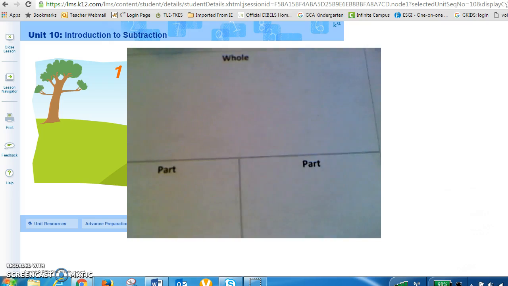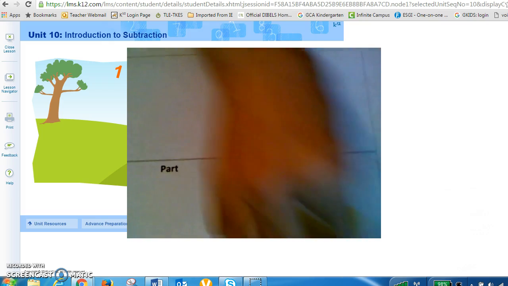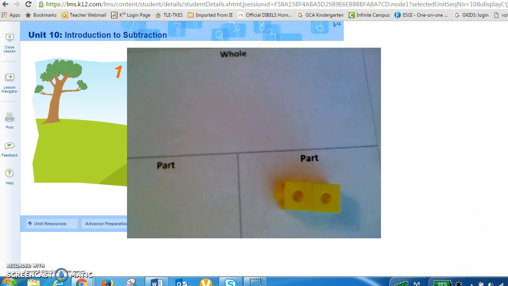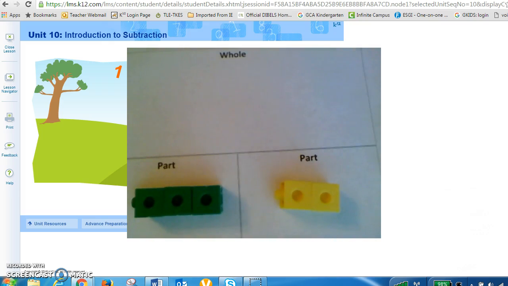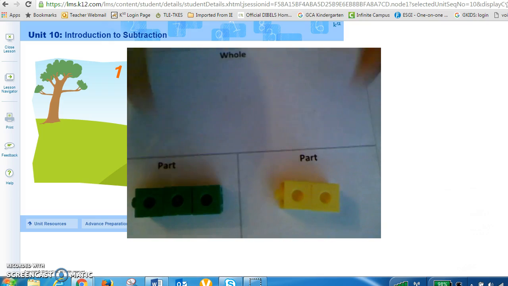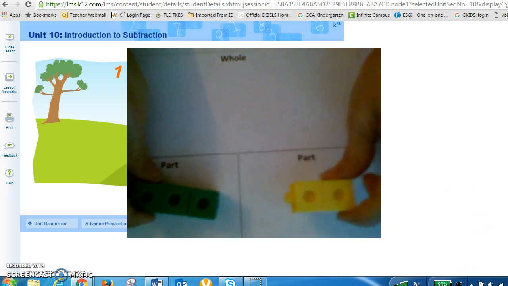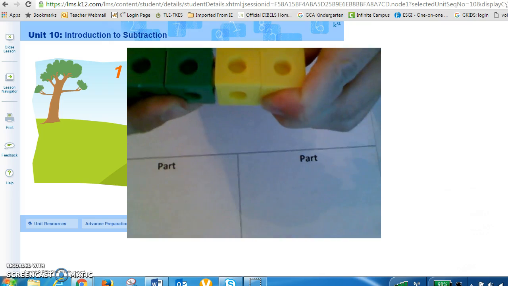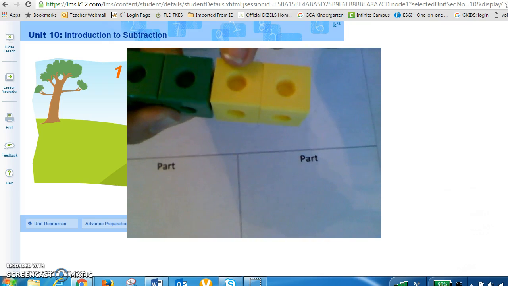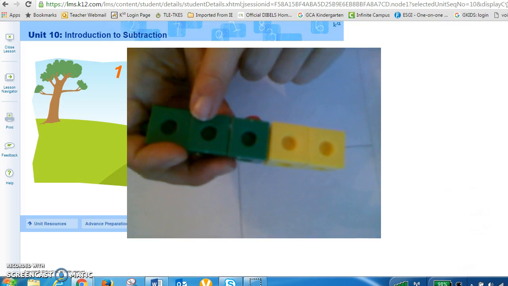Let's start with our linking cubes. I'm going to take 2 yellow and 3 green cubes. How many do I have? Let's add them together and find out. So I'm putting them together. That is adding. 1, 2, 3, 4, 5.